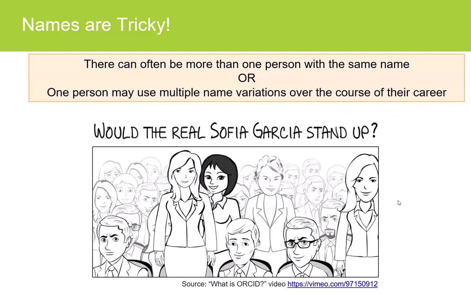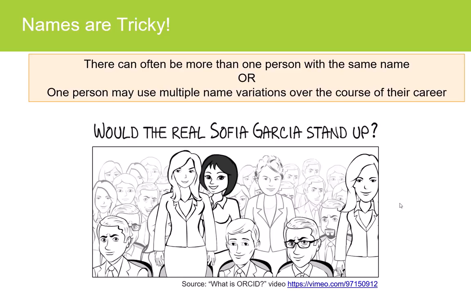So why is there a need for ORCID? Well, because names can be tricky. This is a video, actually, and you can get to the slides after this presentation and watch the video if you would like.